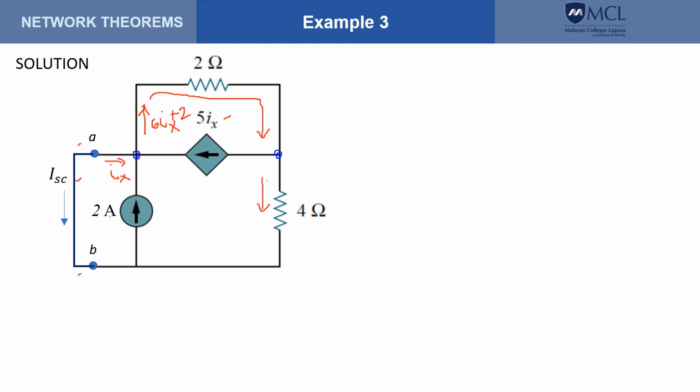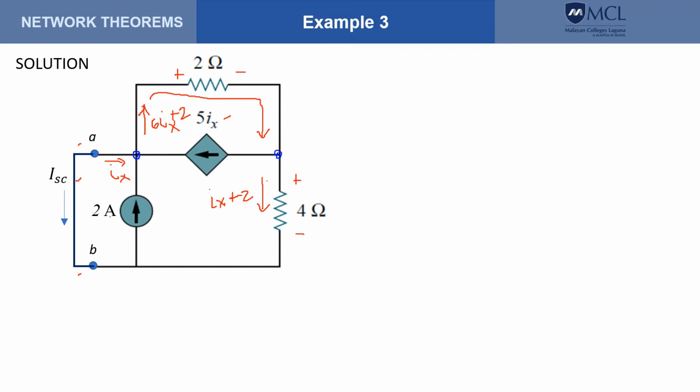The current here must be 6Ix plus 2 minus 5Ix, so that would give us I sub x plus 2 here. Okay, the polarity due to the currents must be positive here, negative, positive, negative.